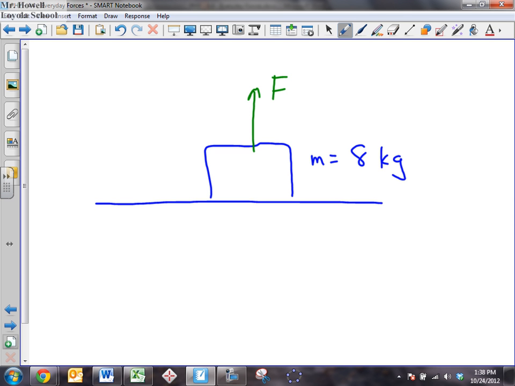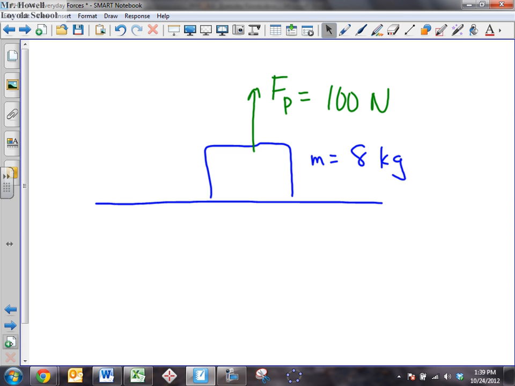By the way, if you want to call this FP, your book does that from time to time, like the force of a push or pull, because you'd be pulling on the object upwards. So we can call this force the applied force, FP, also. You're going to see there's different nomenclature. Let's say my applied force is 100 newtons upward.